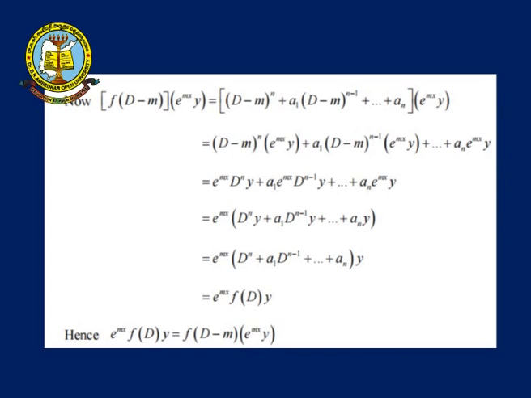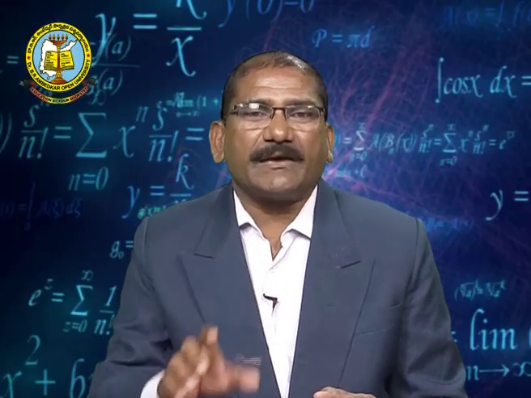Now, if we take e to the power of mx as common, the total comes to f of D operator form into y. So it is e to the power of mx into f of D into y, which we can write as f of (D minus m) into e to the power of mx into y. This is the separation of the form.